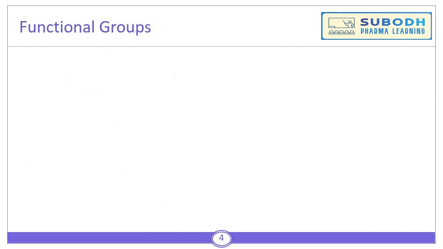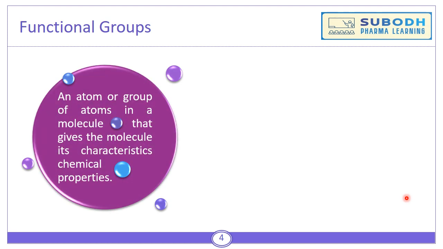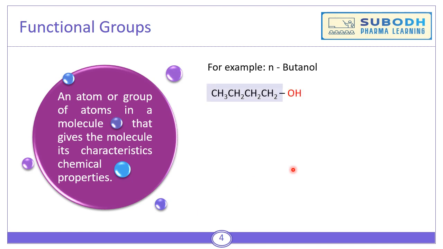A functional group is an atom or group of atoms in a molecule that gives the molecule its characteristic chemical properties. For example, n-butanol. In this structure, you will see the -OH group is attached to the basic structure of butane, replacing one hydrogen with OH.